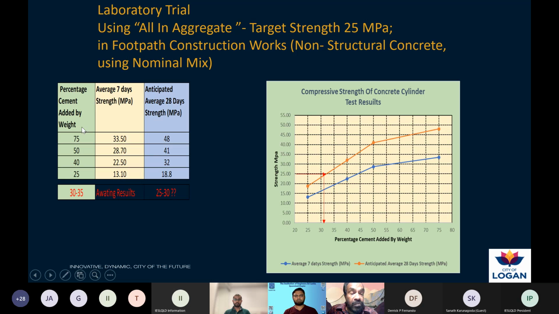You can see the values here. In this graph, the 7 day values are in blue. Based on the 7 day graph, we anticipate 70% of the strength is achieved within 7 days. So the final outcome is the red line, the 28-day strength.